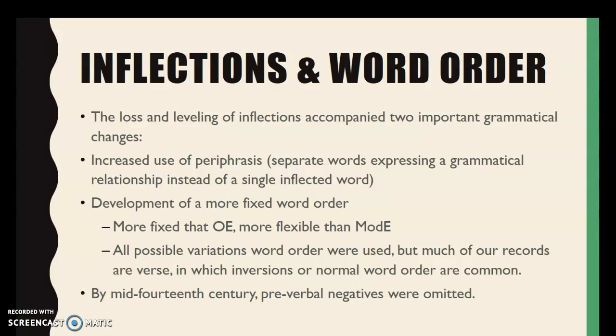It was getting closer to modern English, but inversions were common in verse, so it's hard to tell exactly how much syntax was becoming standardized. By the mid-14th century, pre-verbal negatives were omitted. So for example, in French, one communicates negatives with two parts, ne pas, as in je ne sais pas, I don't know. In English, one portion of the negative was left off.